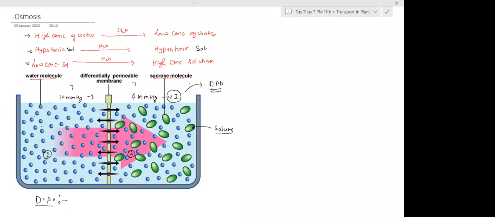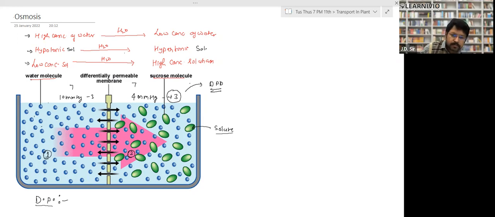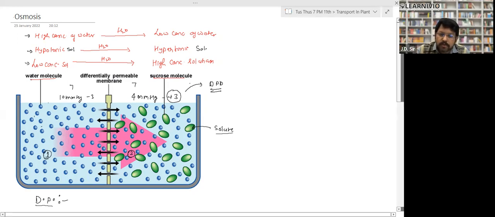Sir, can you explain hypertonic and hypotonic again? Okay, right. Look, hypotonic means low concentrated solution, where concentration is low, and hypertonic is more concentrated, right? Just for the sake of example, let me tell you separately.